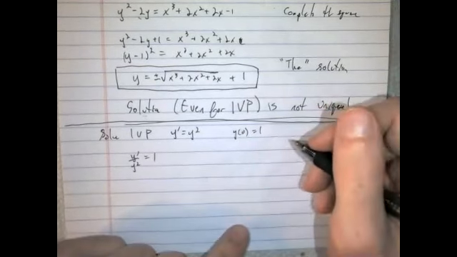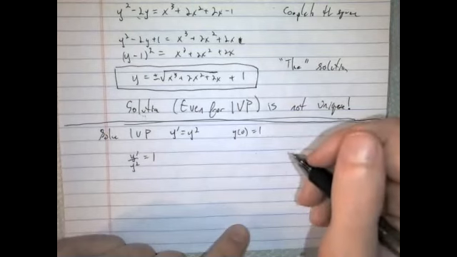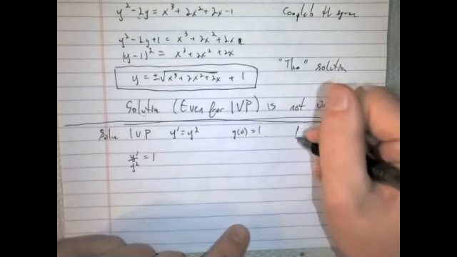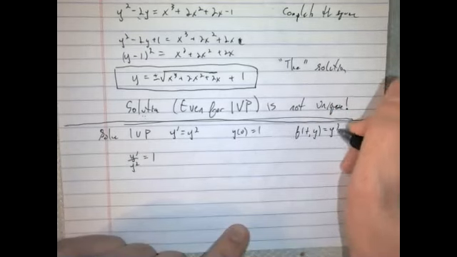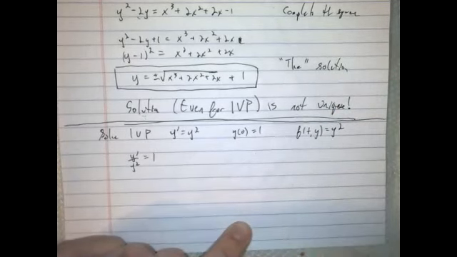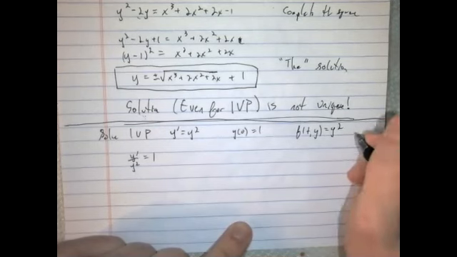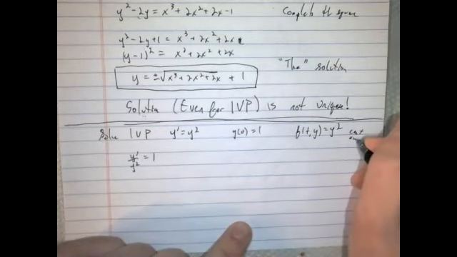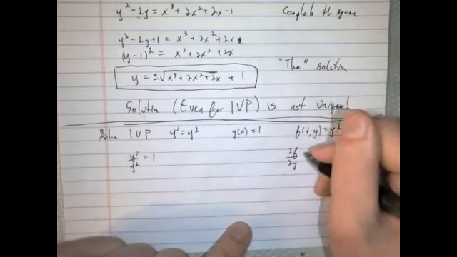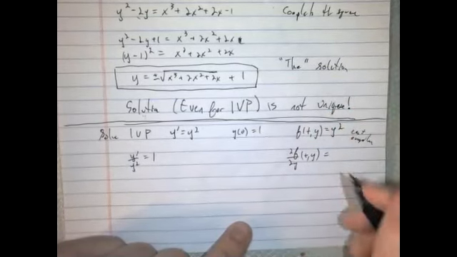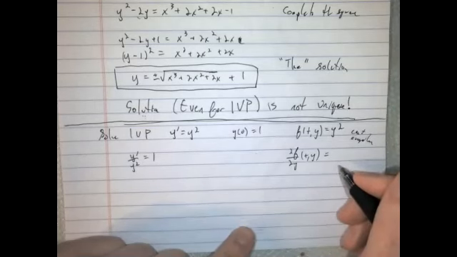Let's think about what our theorems tell us. First of all, f of t comma y is equal to y squared. Where is y squared continuous? Everywhere. Yeah, this is continuous everywhere. And the partial of f with respect to y is what? 2y.